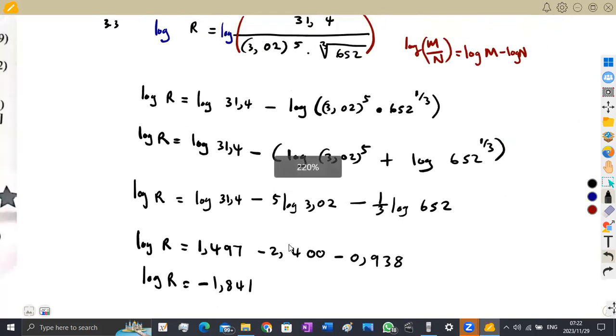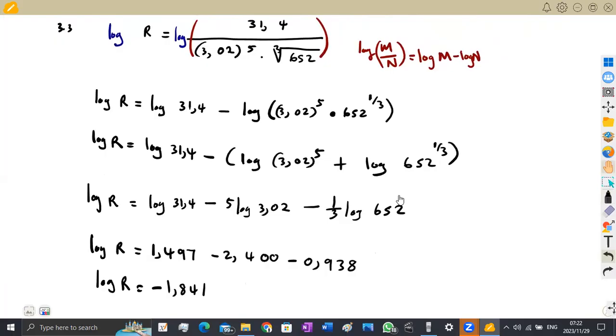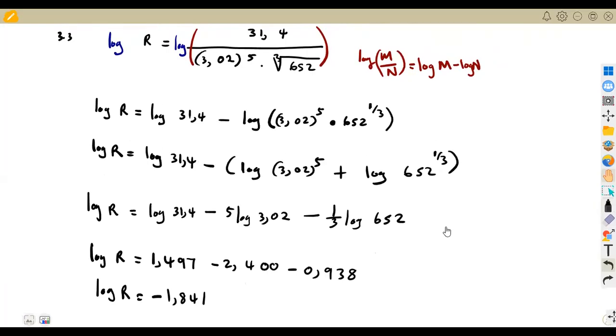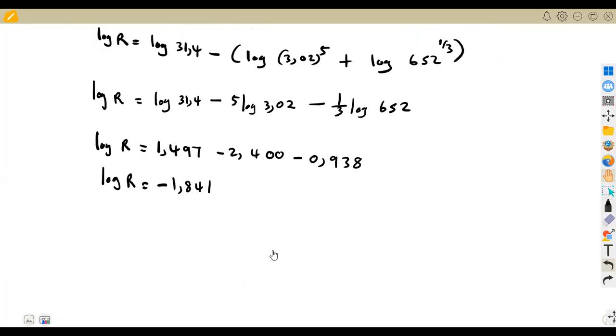And our logarithms, this is what they give us. At this stage, we have a logarithm, and we know that if the base is not given, like I always say, it means you are in base of 10. So in order for you now to find the value of r in this case, you're supposed to use the antilog. The antilog simply means to remove the logarithm.